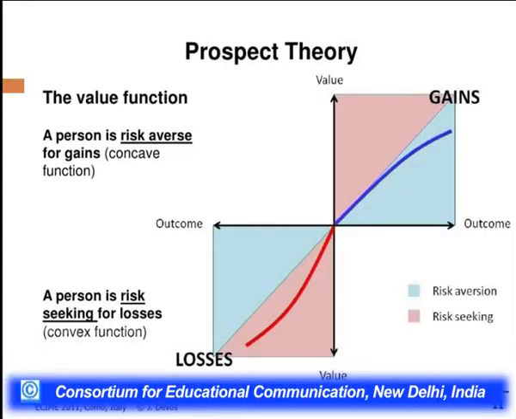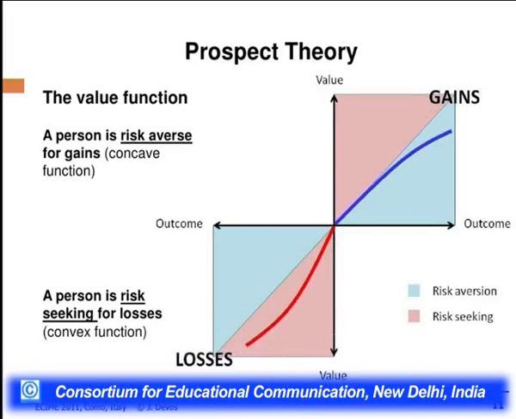In this S-shaped curve, if we plot it on some axis, on x-axis we have the outcome, that is the gain or a loss, on right hand side we have the gain, and on left hand side we have loss, and on the y-axis we have the value.